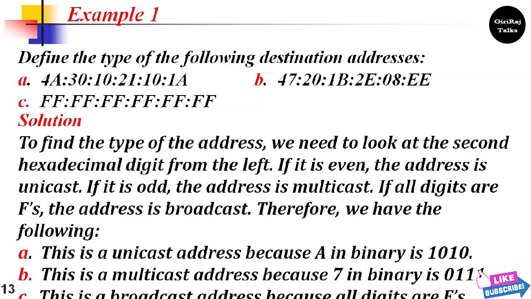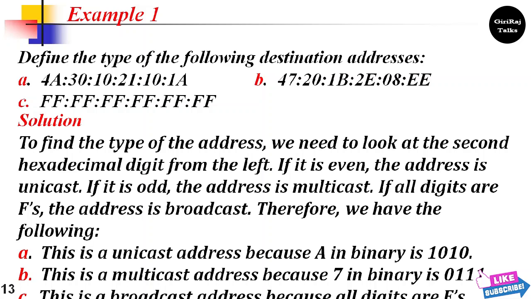To find the type of the address, we need to look at the second hexadecimal digit from the left. If it is even, the address is unicast. If it is odd, the address is multicast. If all digits are F's, the address is broadcast. Therefore, we have the following.